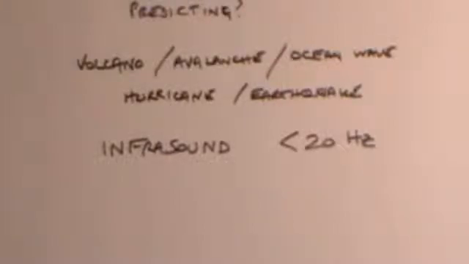They all produce this very, very low sound, infrasound, which can travel hundreds of kilometers through the Earth and is one of the main means by which we can detect volcanic activity by detecting infrasound waves which may have come from a volcanic eruption.